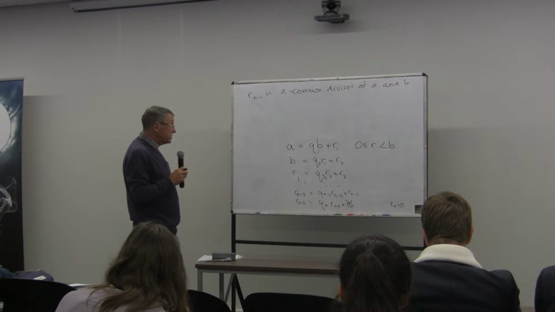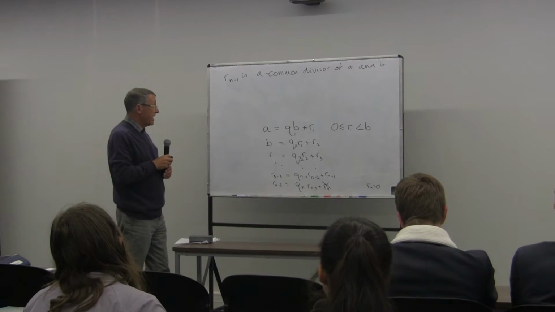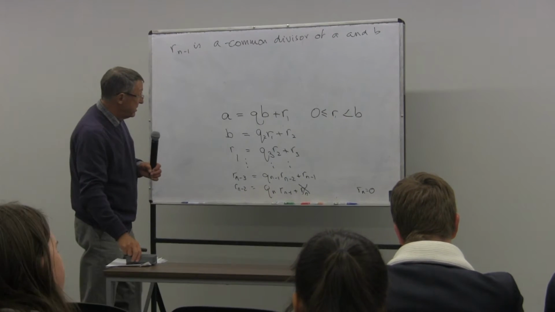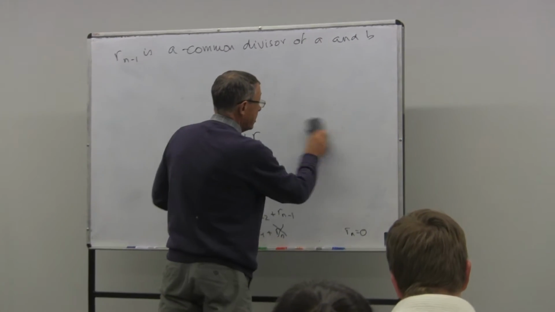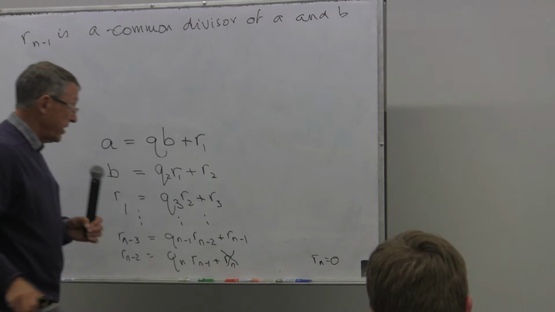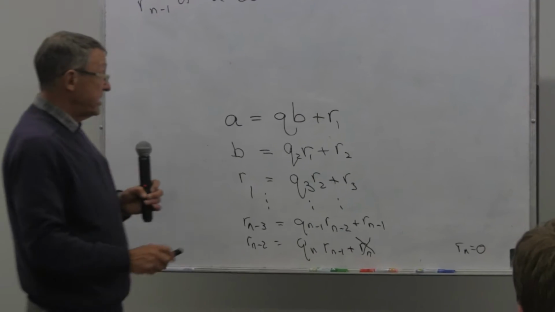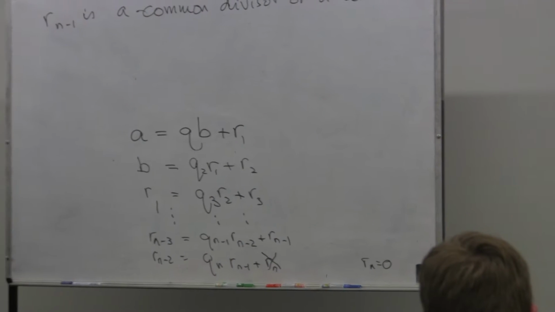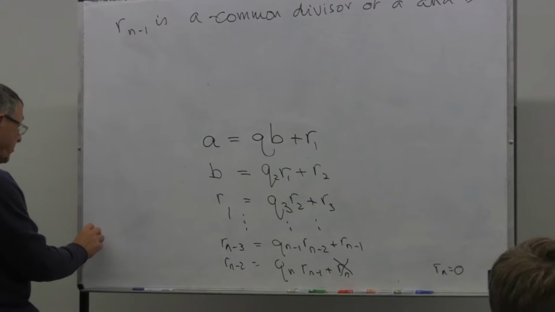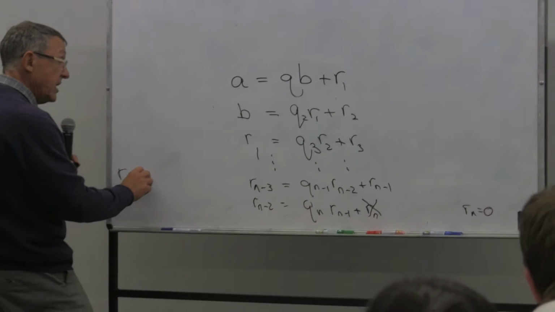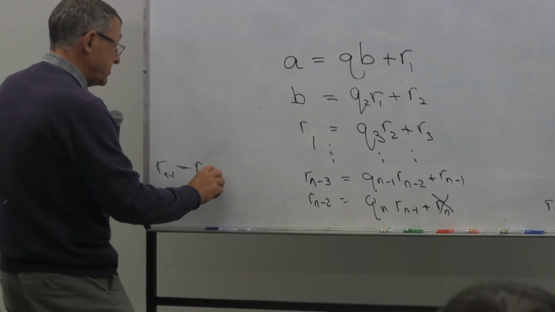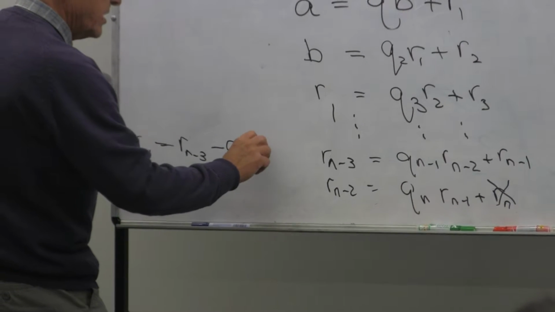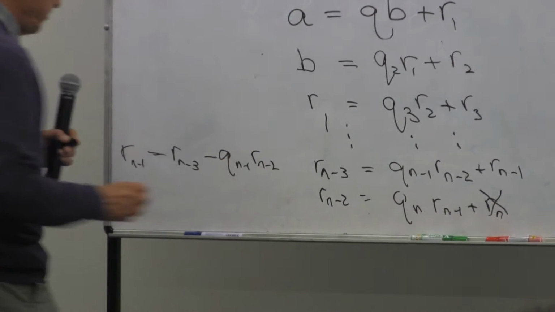But we can also approach this in a different way by taking things to the other side. So in the last equation, where we got Rn minus 1, we can make Rn minus 1 the subject of the formula. I'm not going to write them all out. And we see Rn minus 1 is equal to Rn minus 3 minus Qn minus 1 Rn minus 2.